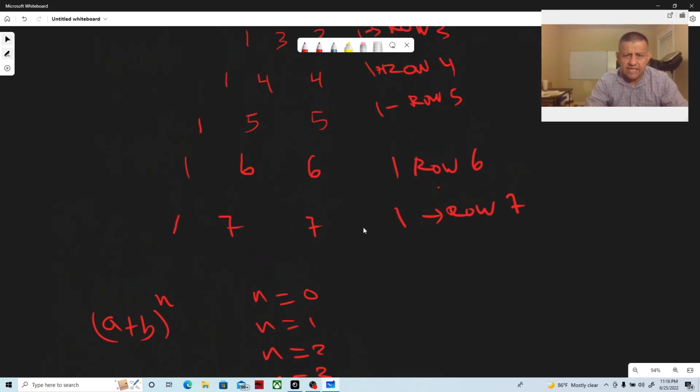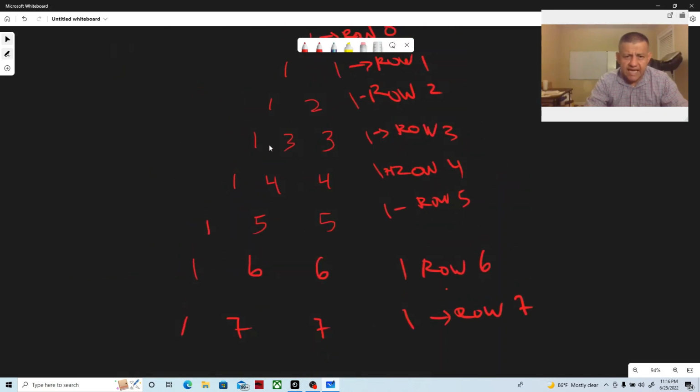Now at n equal to 3, right? At n equal to 3, we are in this row, right? This is when we have a squared. We have 3. This is a cubed, right? Because we did this, right?